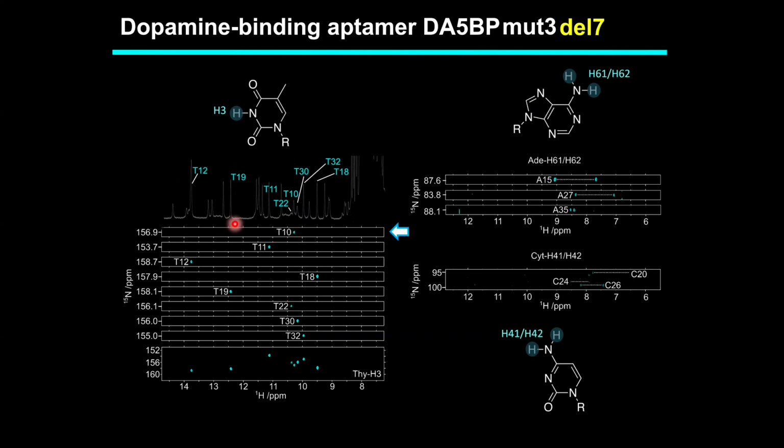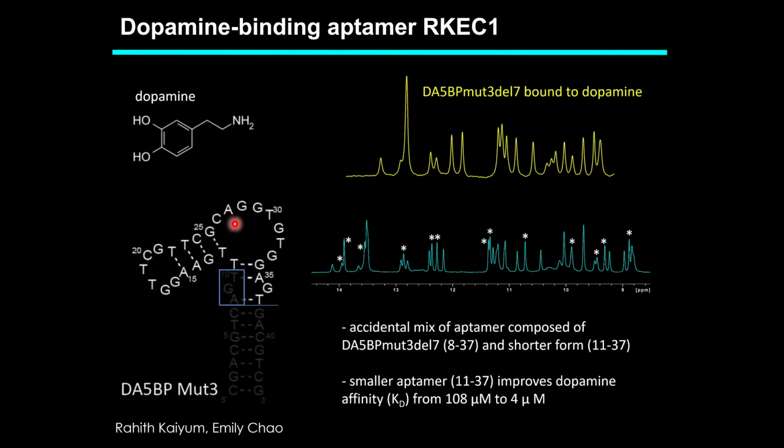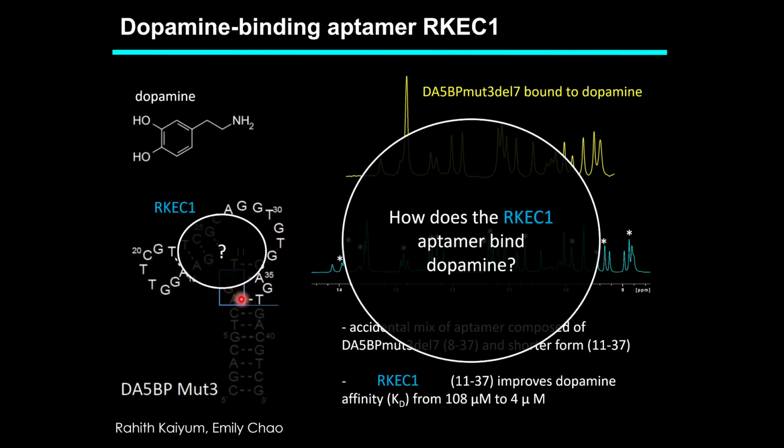As I mentioned before, smaller is easier, and it actually had higher affinity, and higher affinity is also very useful. So the particular structure we were looking at is very slightly smaller. The duplex was removed and 3 additional bases. And this is what we used to look at the atomic detail to figure out really how it is folding and how it is interacting with dopamine.